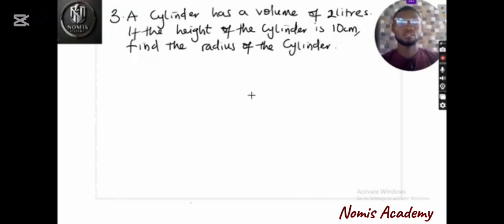So look at this question now. This question has given us the volume of the cylinder to be 2 liters, and it's saying that if the height of the cylinder is 10 centimeter, we should find the radius of the cylinder.